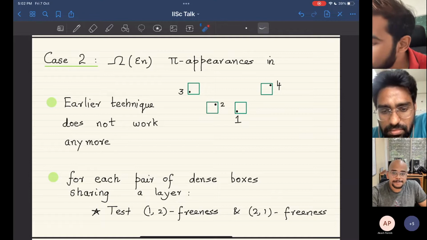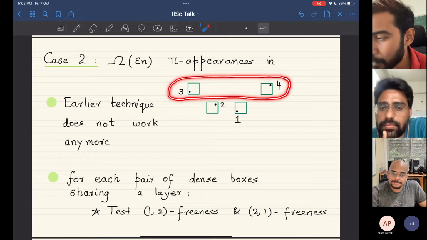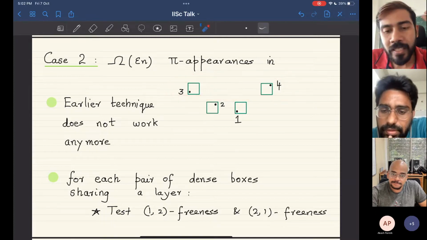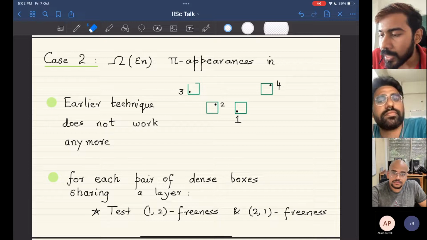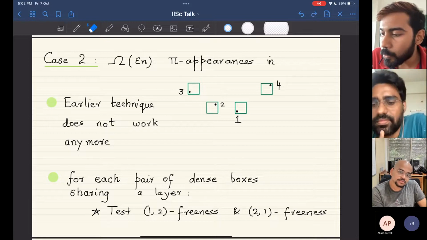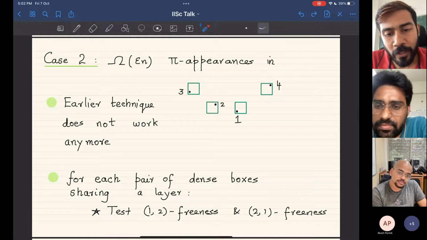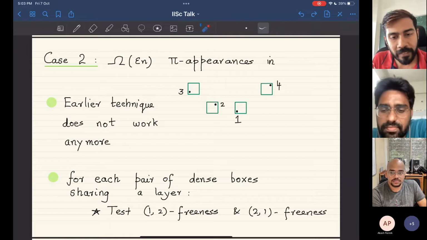But one more subtle point is that if I just combine these 2 dense boxes and get some arbitrary 1-2 appearance, that's not enough. The one leg has to lie in the first box and the two leg has to lie in the second box. Only then it is a valid 1-2 appearance. So it's some sort of a restricted appearance.